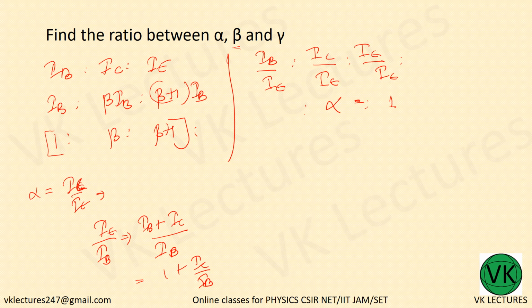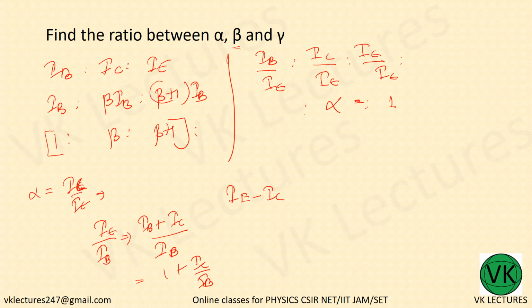Okay, here also we have one problem. So IB is equal to IE minus IC. You can write IB in terms of IC and IE.